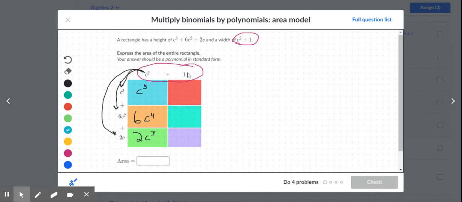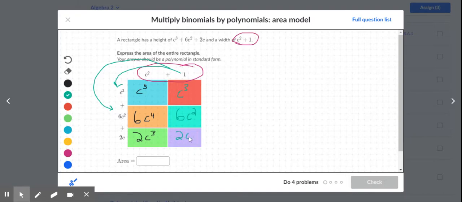On the other side, we're going to do the same thing with 1. So 1 times c to the third is just c to the third. Remember, anytime we multiply by 1, it's the same thing.